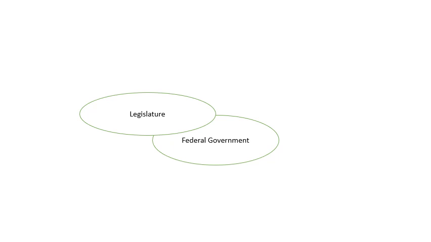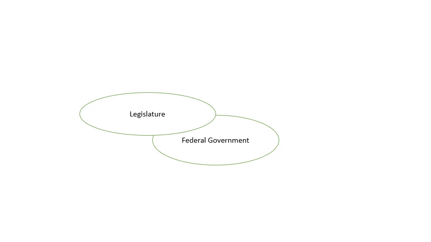A bicameral legislature is one in which there are two houses: the National Assembly and the Senate. So our federal legislature is comprised of the National Assembly and the Senate. The National Assembly is the lower house and the Senate is the upper house.